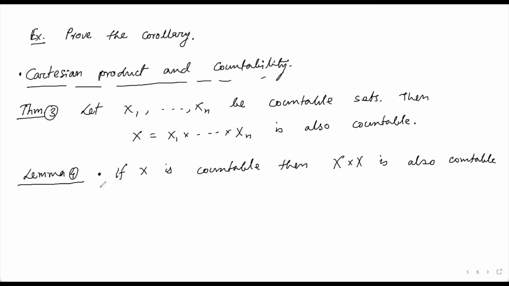And in particular, when X equals the set of naturals, this statement says N cross N is also countable. So now we prove lemma 4.